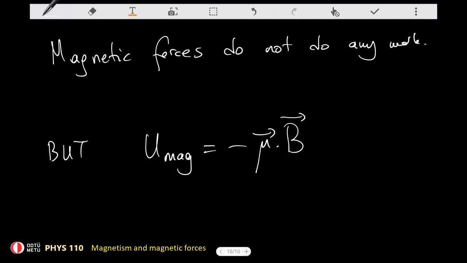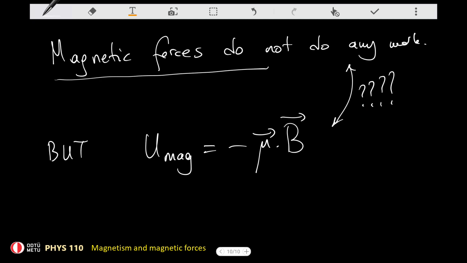So as a result, it appears that at least for the case of magnetic dipoles, the magnetic forces actually do some work, right? That's the reason why there's a magnetic potential energy. So the question is, how do we resolve that contradiction? Was the statement that the magnetic forces do not do any work unnecessarily too general?